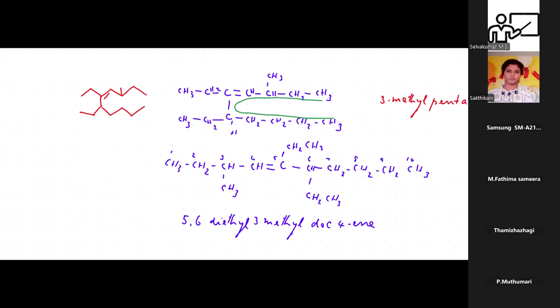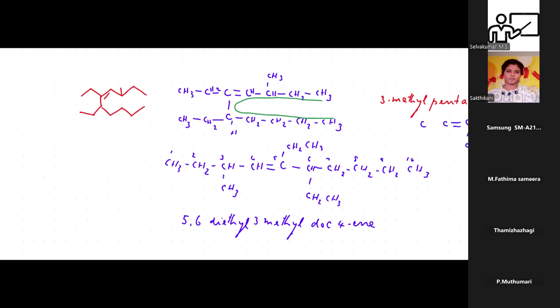How to write? First of all, it is penta. So write 5 carbons linearly. So 1, 2, 3. In third position, put methyl group. 1,3-diene. So first carbon and the third carbon are having the double bond.